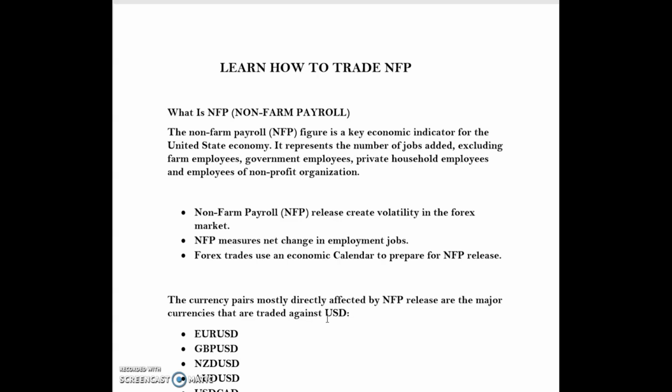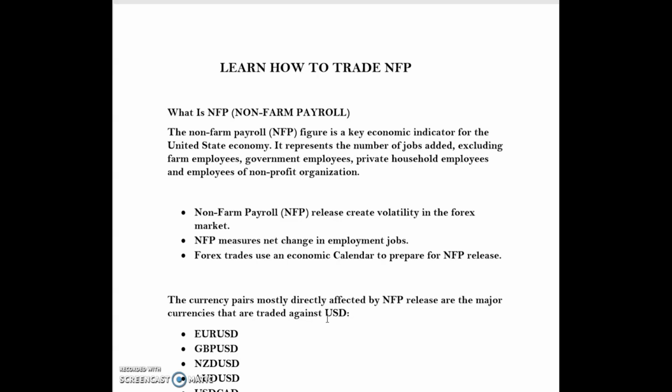NFP is another thing that creates volatility, because from the definition, you are able to see how the US economy is performing, and therefore investors make decisions, thereby creating volatility in the forex market. So NFP measures the net change in employment jobs.